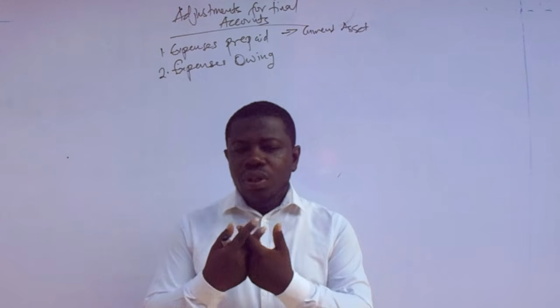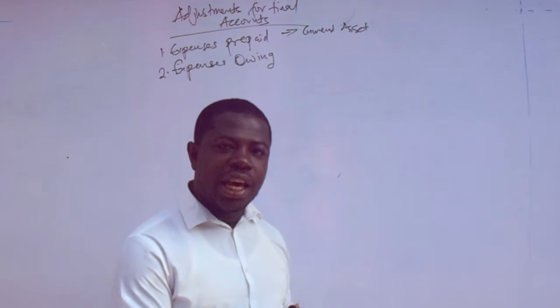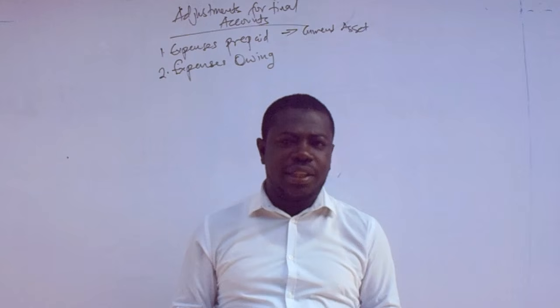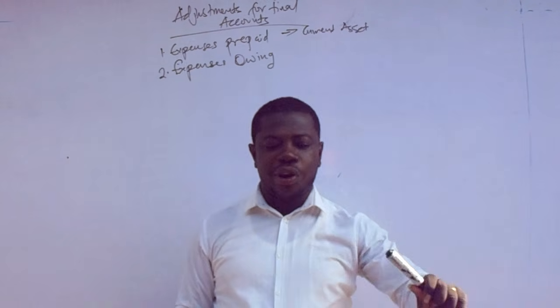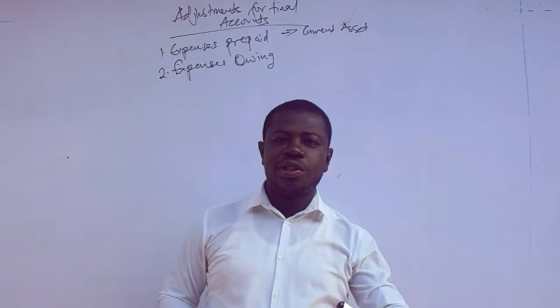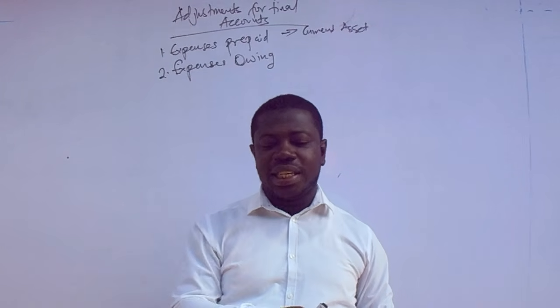And so, if I pay 500, on my trial balance I will see 500. So the additional information will draw my attention to the fact that rent of 100 cedis is owing for the year, or insurance of 100, or whichever expense it is. They will have to let me know that it is owing.